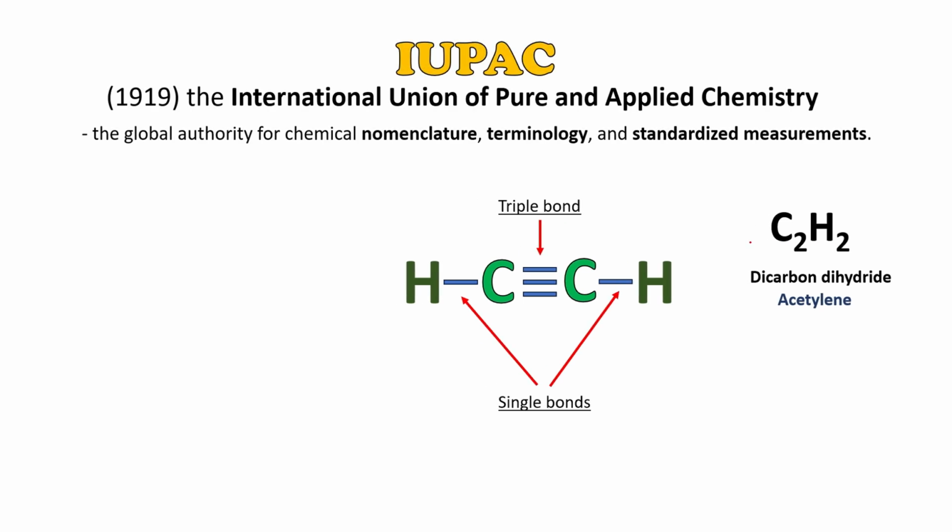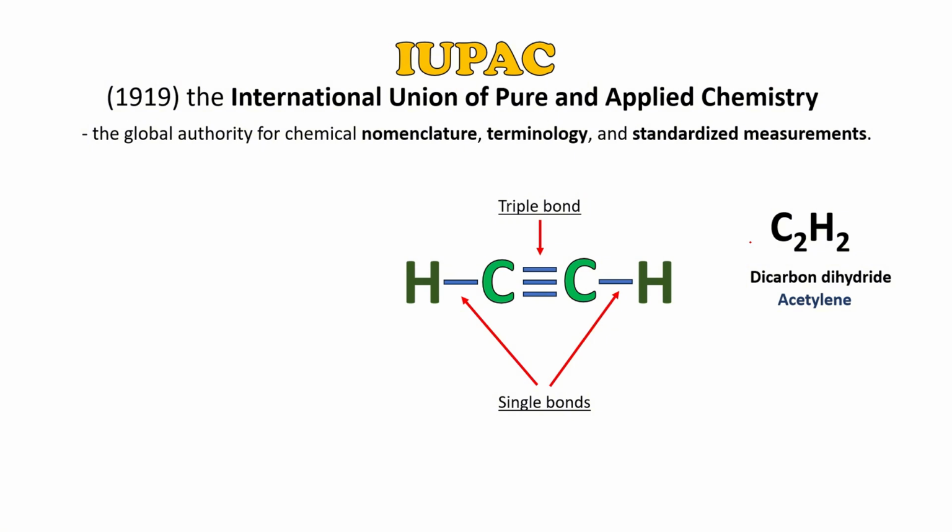Now this is IUPAC, the International Union of Pure and Applied Chemistry, established in 1919. This is a global authority in charge of creating rules in naming compounds.